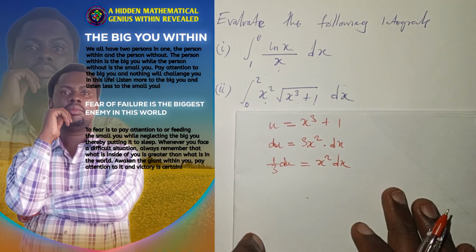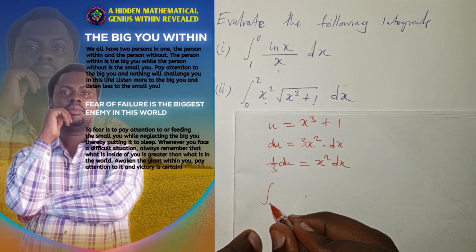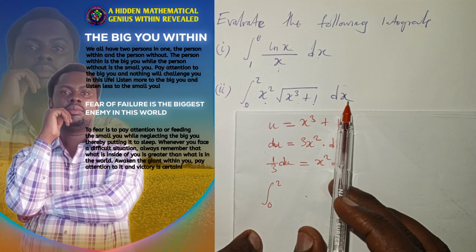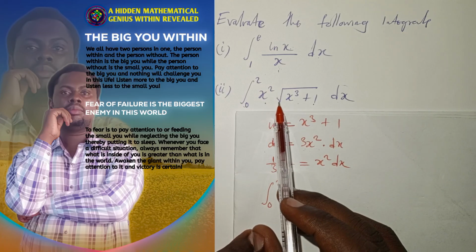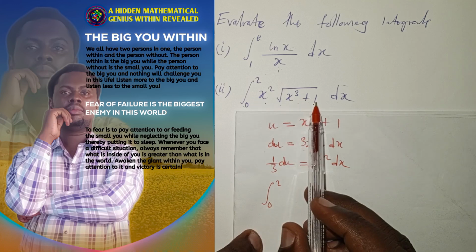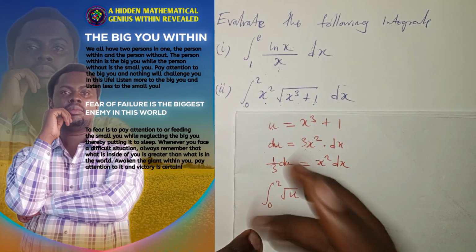Okay, so let's continue. This is the integral from 0 to 2 of x squared and dx, and we're going to have a du. Here, square root of x cubed plus 1: x cubed plus 1 is u, so we are going to have square root of u.